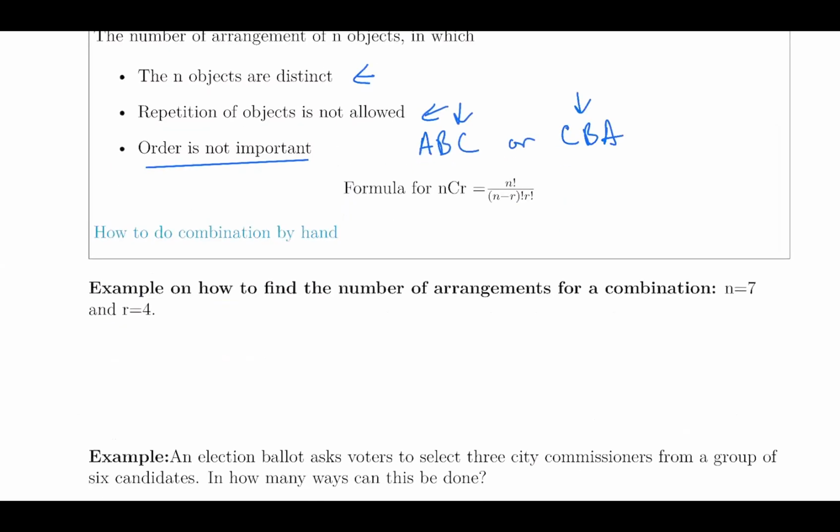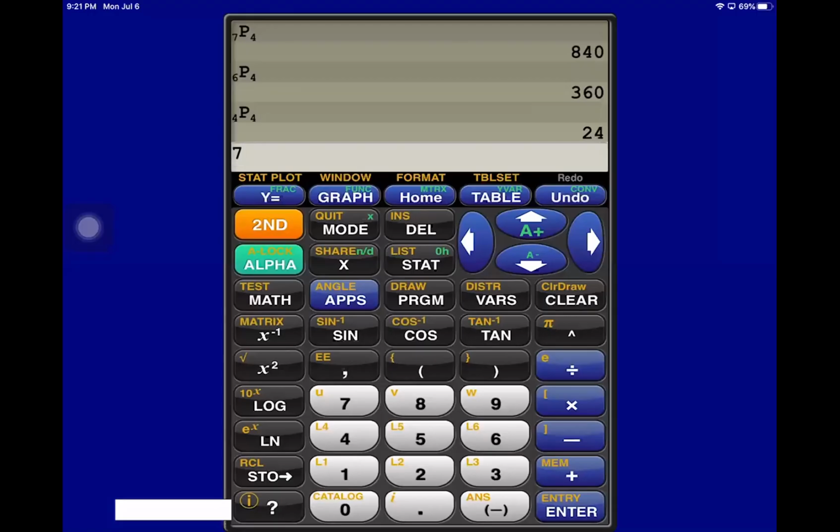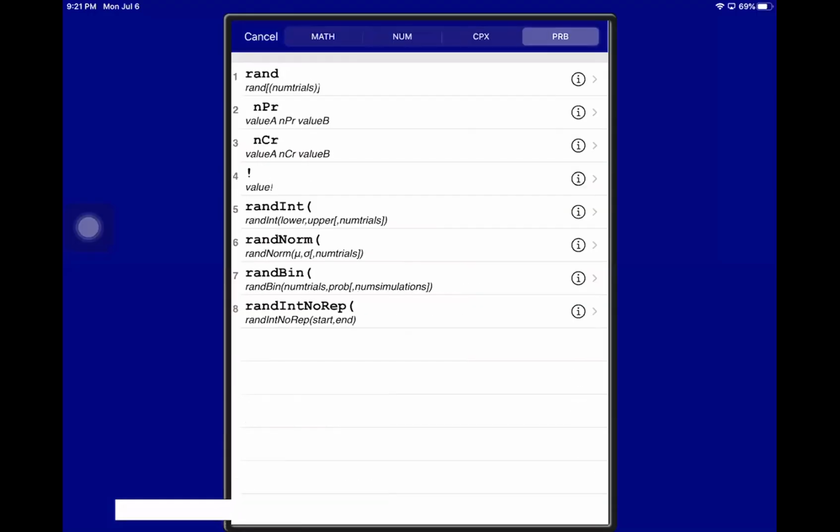All right, so let's do this first problem. If you look at this first problem, I already gave you the N, I already gave you the R. So this one we're gonna do 7C4. If you imagine that P for the last one represented permutation, in this one C represents combination. So if I go right here, we do 7, math, PRB.